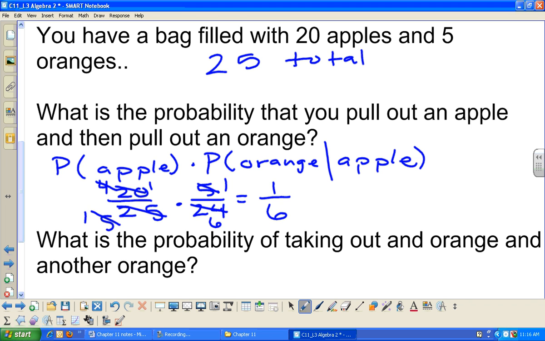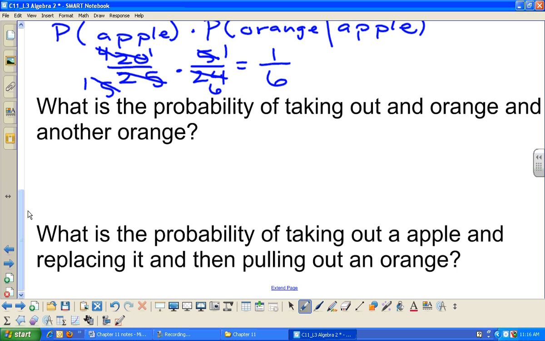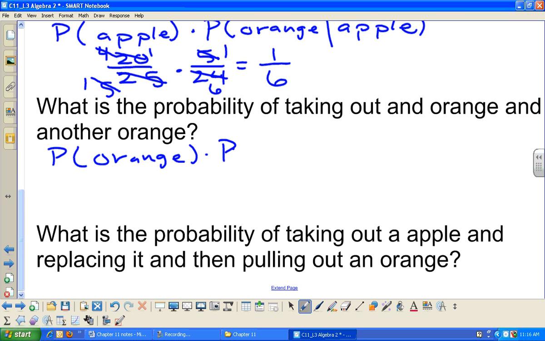What's the probability of taking out an orange and then another orange? So again, if I write this, the probability of an orange times the probability of a second orange, given that I already picked one orange. The probability of the first orange would be 5 out of 25.